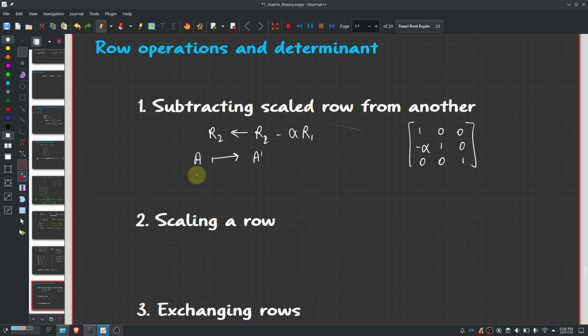What can you say about the determinant of A prime? Take any matrix. Suppose I take 1, 2, 3, say 3, 1, 1, 2, 1, 2. Or let's make it even simpler.